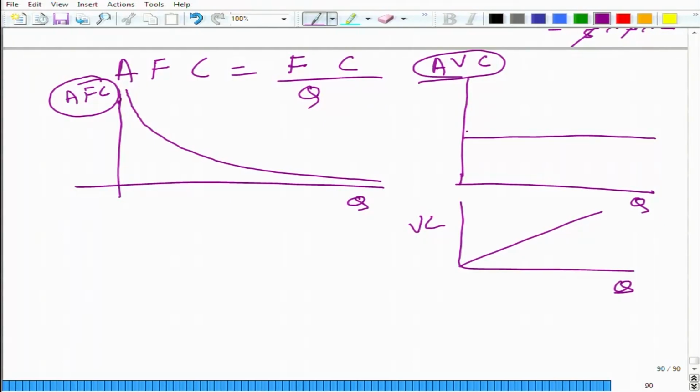Let me use a different color, we may have something like this, okay? Or more appropriately, if you think about it, remember when we were talking about the production function, what did we say? That output increases in the beginning at a fast rate.